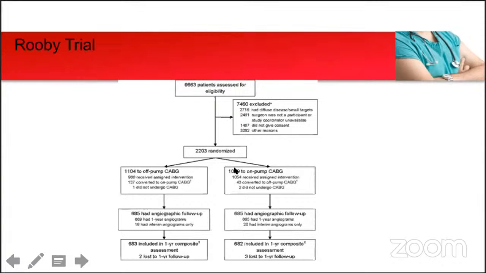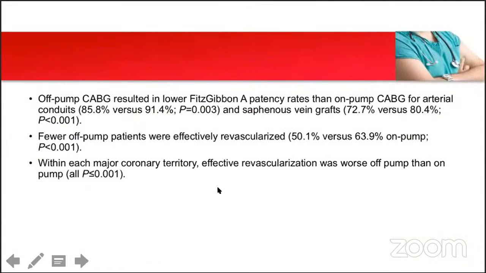So they assessed the patency for both groups at 1 year, which showed that off-pump Cabbage resulted in lower Fitzgibbon A patency rates, which indicate a patent flow, in the off-pump versus on-pump Cabbage for arterial conduit, 85% versus 91% in the on-pump Cabbage, and saphenous vein graft 72.7% versus 80.4% with a p-value of less than 0.001.